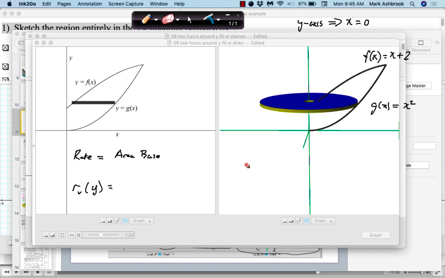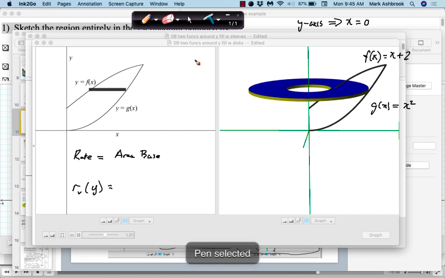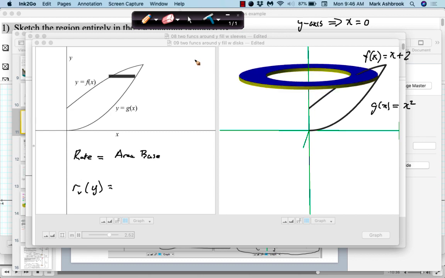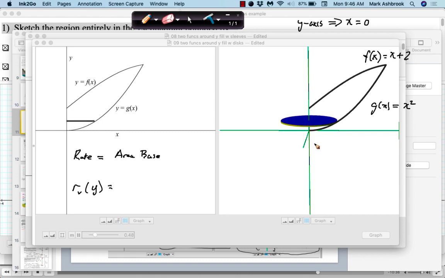But we said there was something special about this problem. Remember that at the end of last time? What's special about this problem? So when y is low, like around 0 or 1, what kind of cylinders do we have? Filled, right? I call them pancakes, with blue syrup.